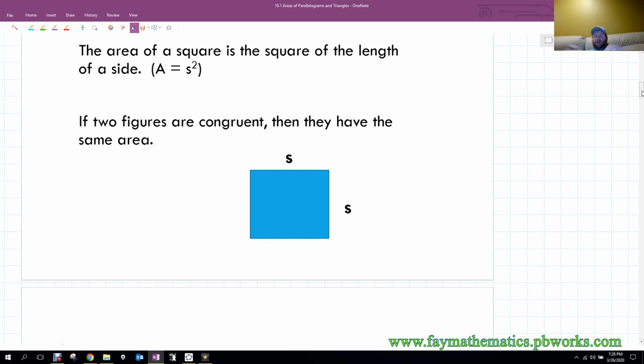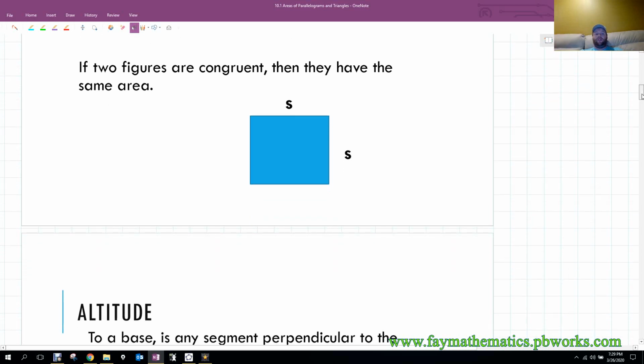It's how much two-dimensional space an object contains. Something to think about when we talk about two figures that are congruent, then they're going to have congruent areas. They have congruent distances. Therefore, when those distances are transferred into the formulas, the products and sums and differences that are used inside the formulas are going to generate the same results over and over again.